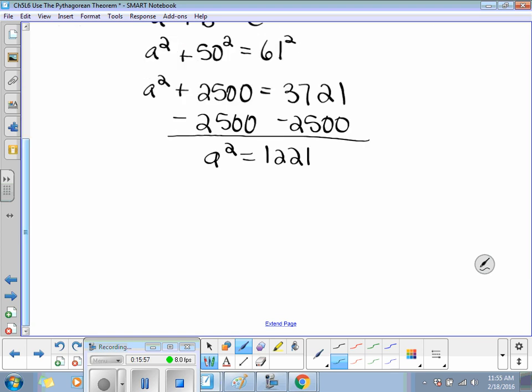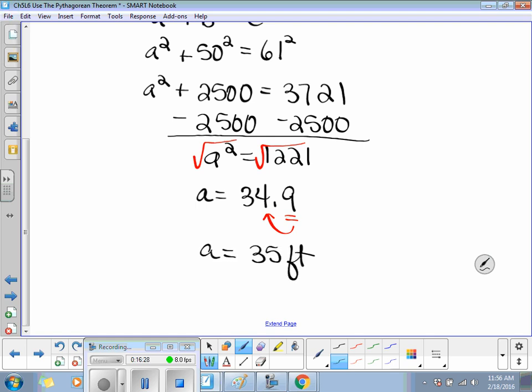And now, finally, how do I get the A by itself? Find the square root. Good. So A then is equal to 34.9, right? But then it tells us to round to the nearest whole number. So my final answer for A would be what? 35 what? Perfect. Are there any questions?